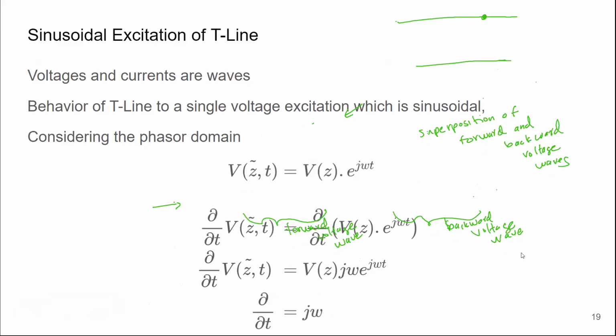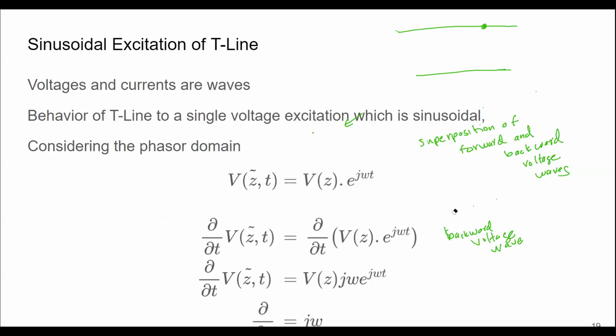So in order for us to simplify our equations further, we use the phasor domain representation of the voltage wave, right? We can give it in this manner. In the phasor domain, we denote our parameters with capital letters.